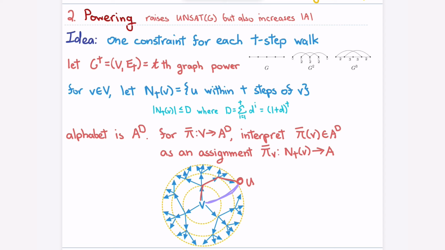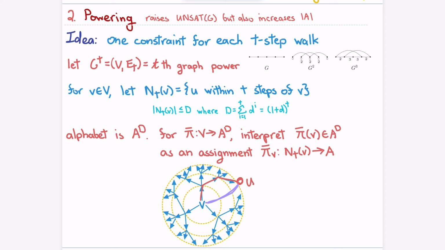So what's going to happen is every vertex's alphabet in the new powered version is going to look like a bunch of letters. I'm going to take my 10 letter alphabet and turn it into 10 to the 126 letters, which is really 126 choices of one out of the 10.